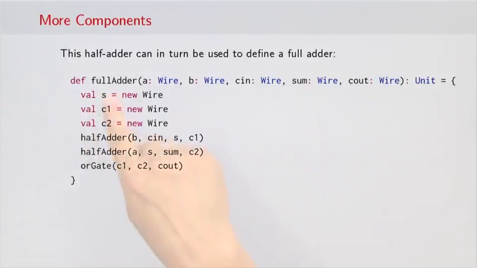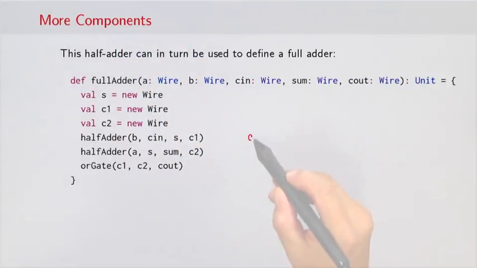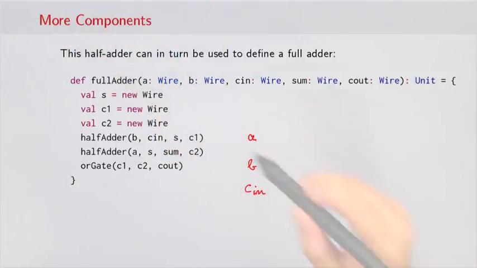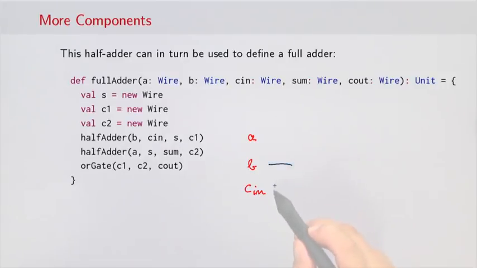So here you see a full adder that can be constructed from 2 half adders and an OR gate. To understand that, let's draw the diagram first. A full adder takes 3 inputs, the A and the B, and an input carry. And it works by placing a half adder between the B and the input carry.